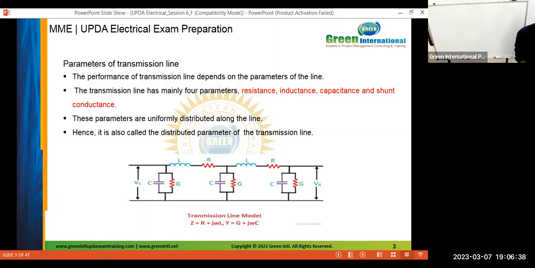The main thing is secondary distribution. Secondary distribution is usually utilized by the consumers, and most of the consumers are single phase consumers. In Qatar, the voltage for the single phase system is 240 volts plus or minus 6%.